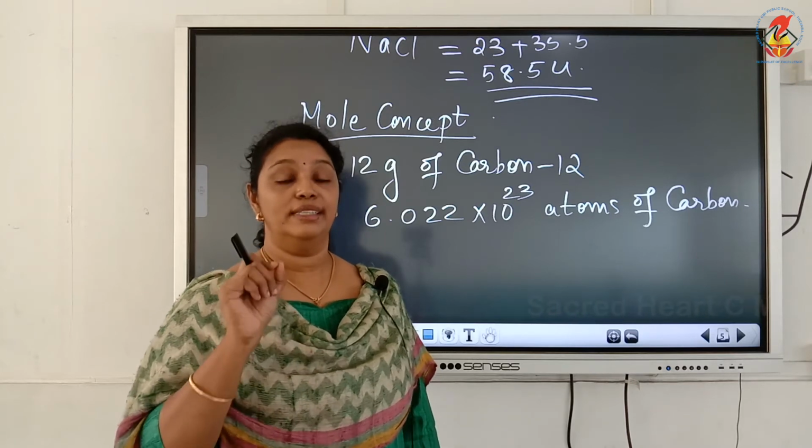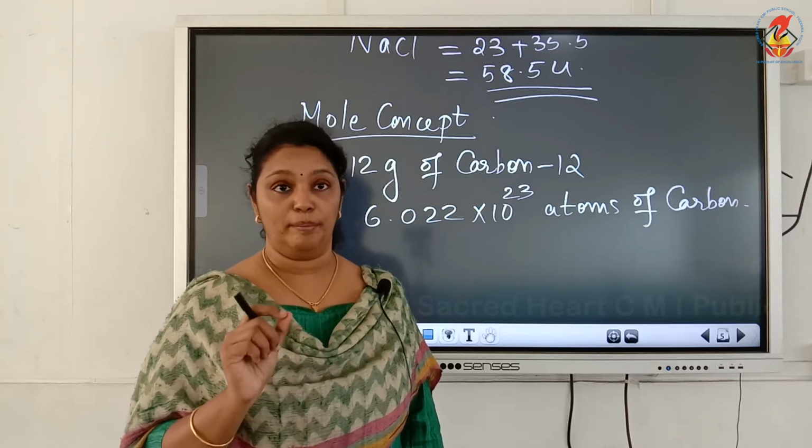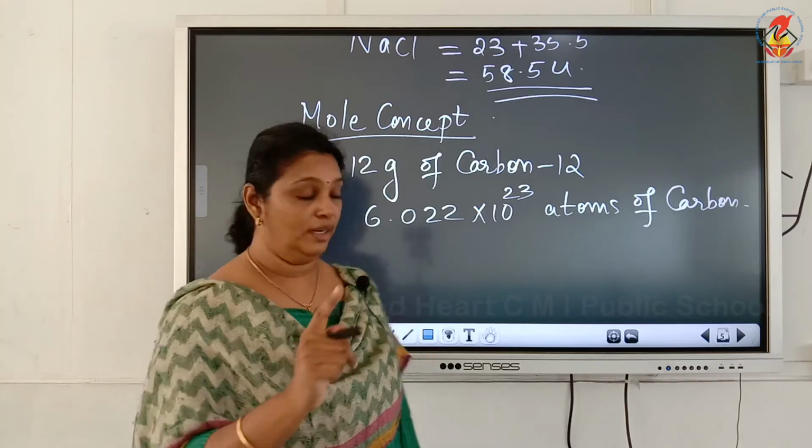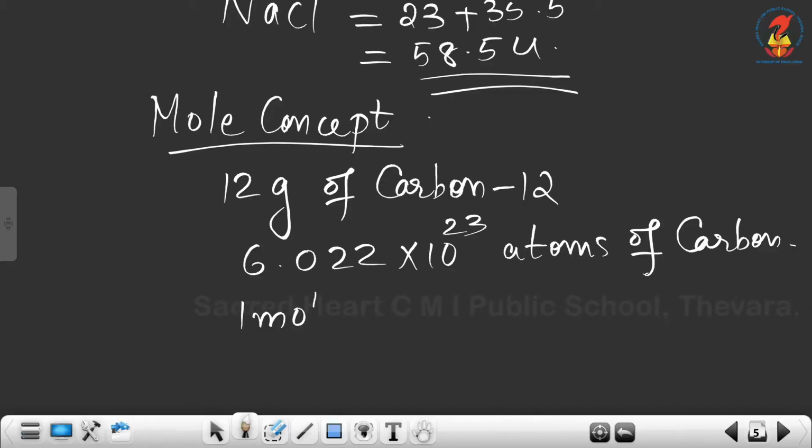And they called this number 1 mole. So we can write 1 mole is equal to 6.022 into 10 raised to 23 particles.